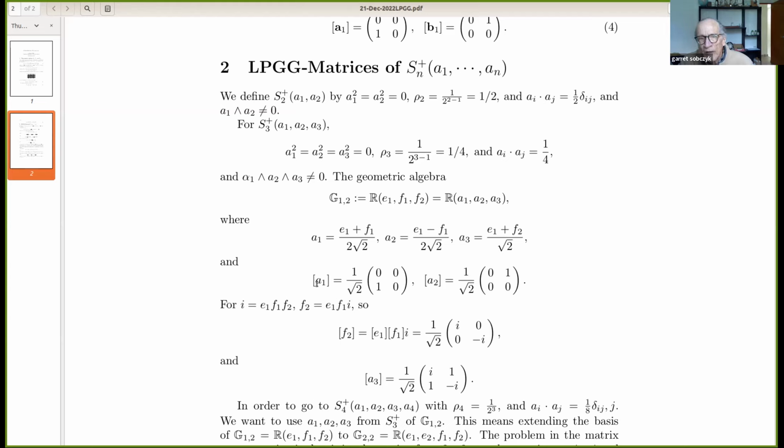For example, the matrix of A1 times the matrix of A2 plus the matrix of A2 times the matrix of A1 is equal to 1/4 times the identity matrix. You have to check that. If you check it out, it works perfectly. There's no problem with that.